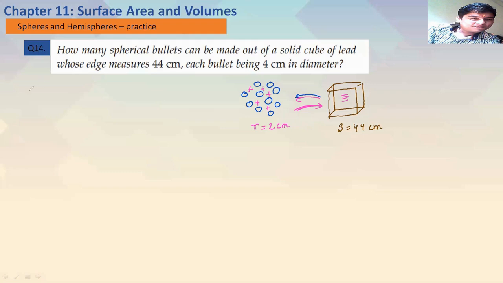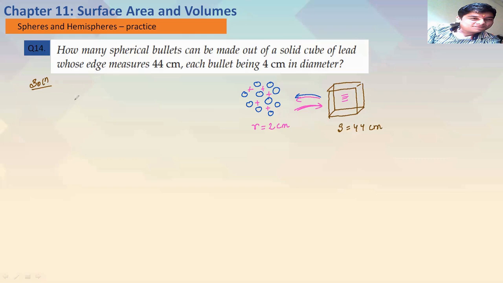Fantastic. What do we actually have to find out? Can you read the question and try to understand what is actually to be found out? How many bullets can be made out of the lead? How many spherical bullets? That is the number of bullets, right?